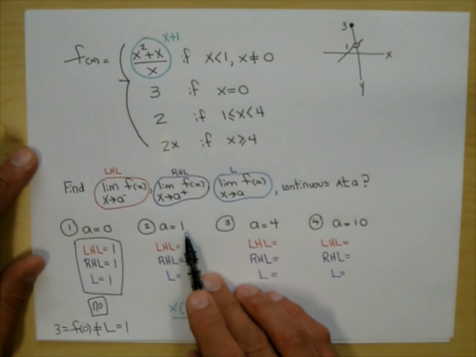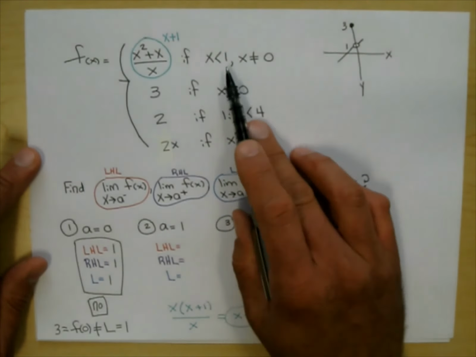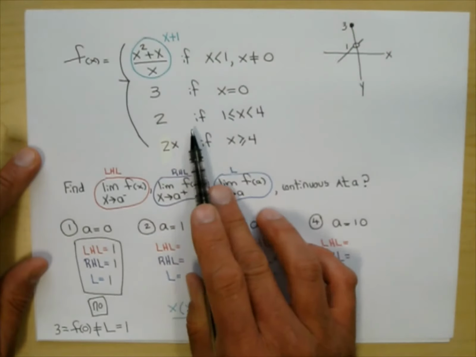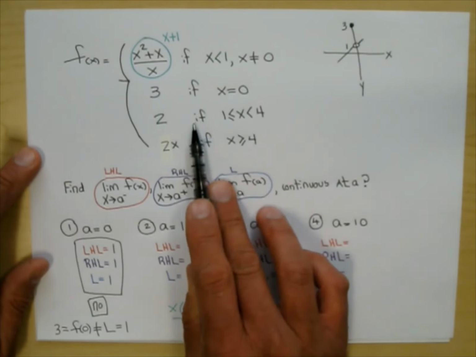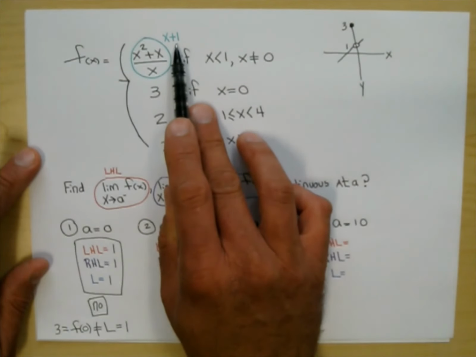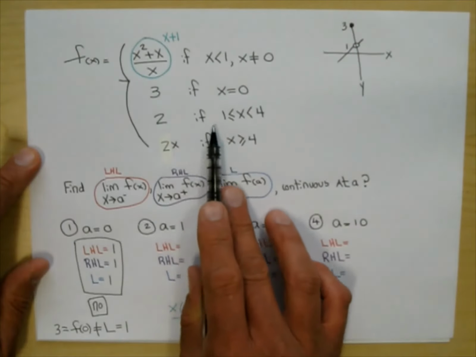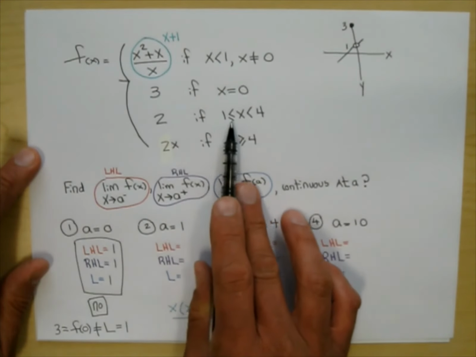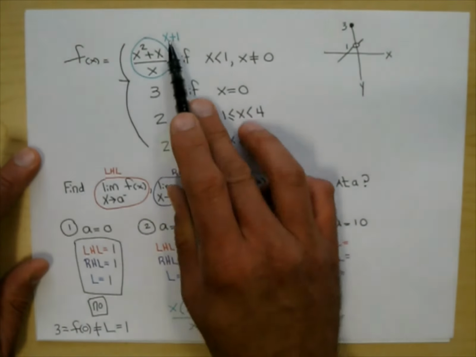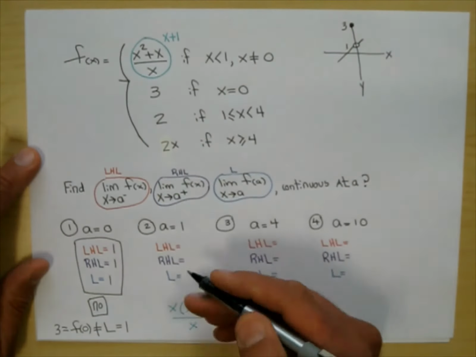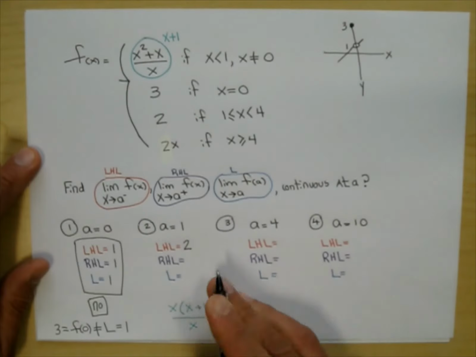a equals 1, so we're looking at the value of 1, and that's the cutoff from this one, x plus 1, to this one, which is 2. So this one is on the left of 1, and this one is on the right of 1. When I go left-hand limit, I'm going to plug 1 into here. So 1 plus 1 is 2.